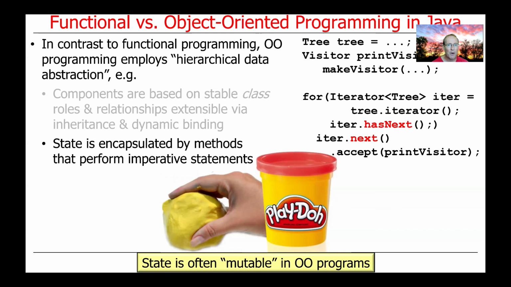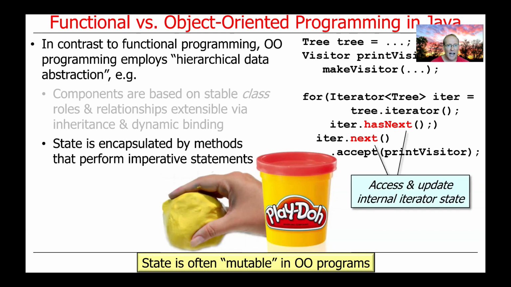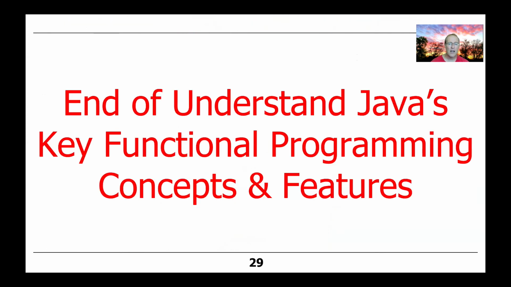So you don't know how it's implemented under the hood in order to use them. However, they will access and update the internal iterator state. So they are still imperative. They still make modifications to that state. And that's why you have to be very careful not to use iterators in multi-threaded programs, because bad things will happen. Chaos and insanity will ensue.